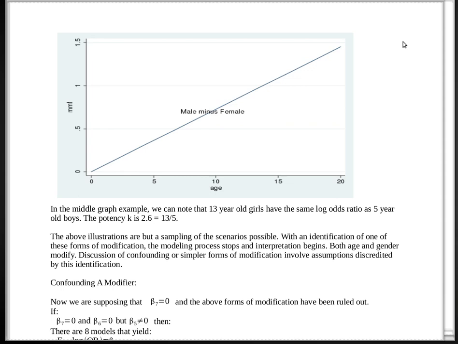So attempting to discuss this particular project with confounding and or simpler forms of modification in this situation simply isn't possible, because any discussion of confounding and or the simpler forms of modification involve assumptions that we've implicitly discredited.